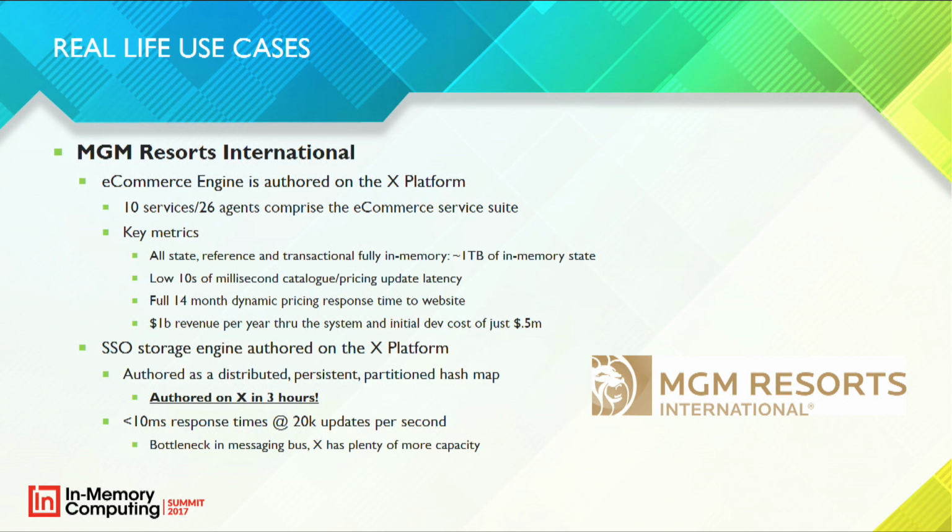So they've got a fairly large deployment, 10 services, 26 agents for fault tolerance, and they're holding all that enterprise state in memory, all of the bookings that anybody's doing at any of their hotel properties, around 1 terabyte of storage.